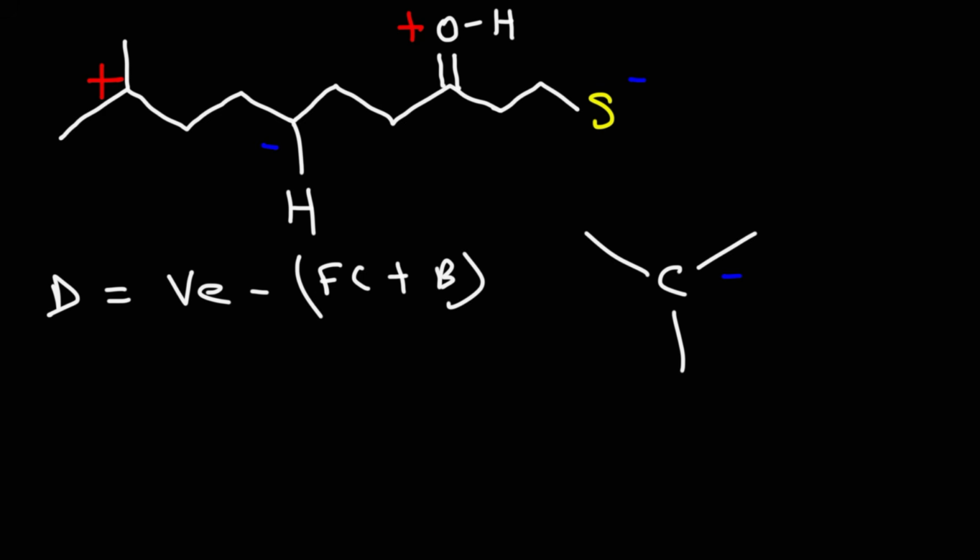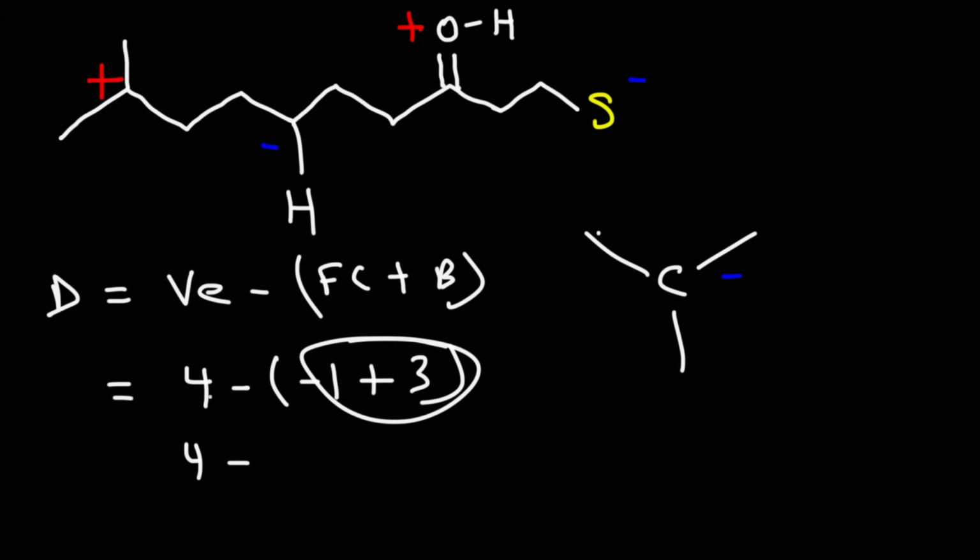Now, because carbon's in the second row, it can't have an expanded octet. But let's calculate it. Carbon has 4 valence electrons. In this structure, it has a negative formal charge, so we're going to replace Fc with -1. Now, there are 3 bonds connected to it, so B is 3. -1 plus 3 is +2, and 4 minus 2 is 2.